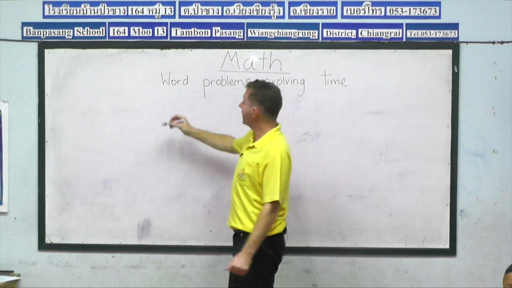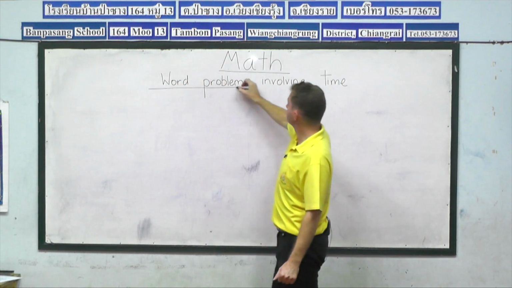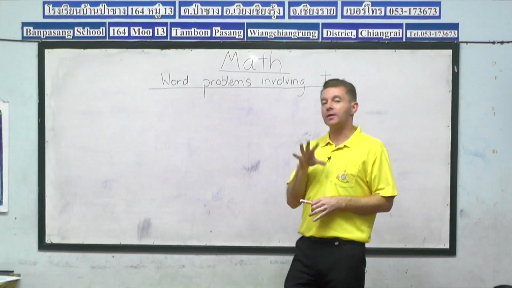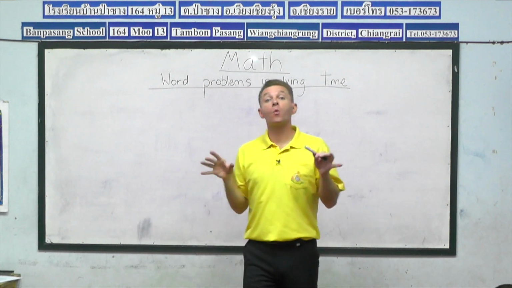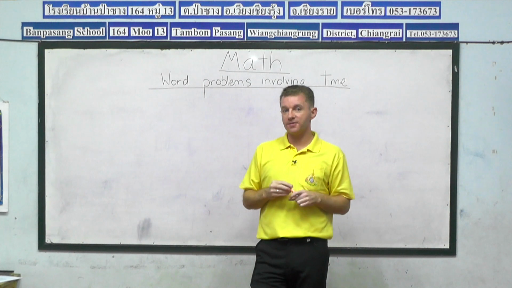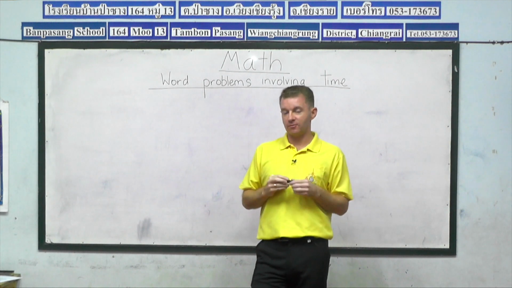So all together, guys, word problems involving time. So what I'm going to do now is do a word problem involving time and have one of my students come forward and demonstrate how to answer it.